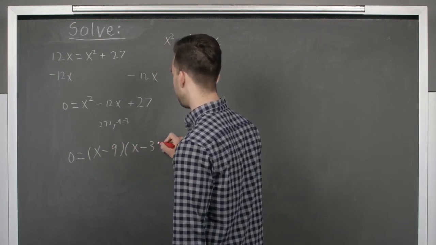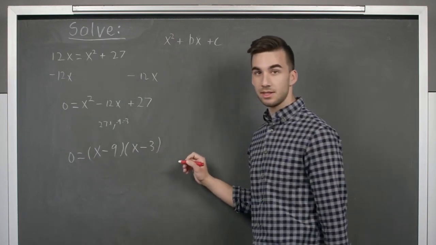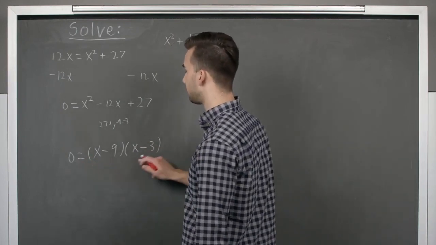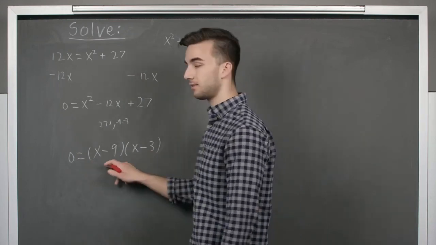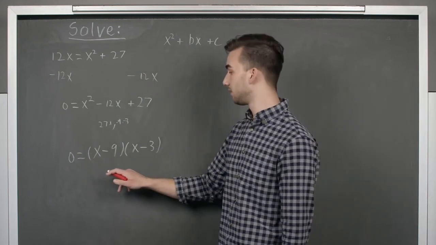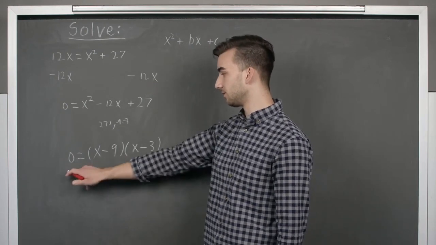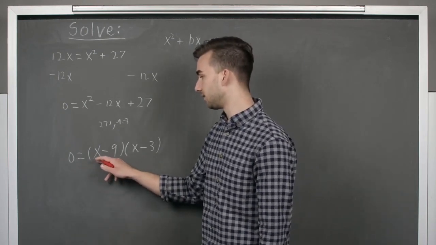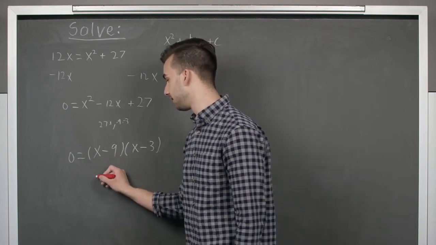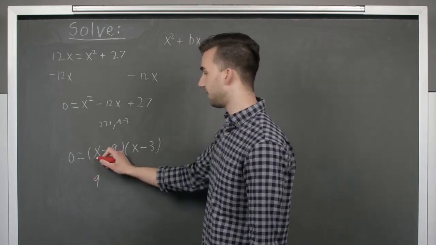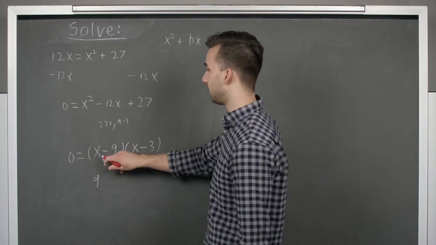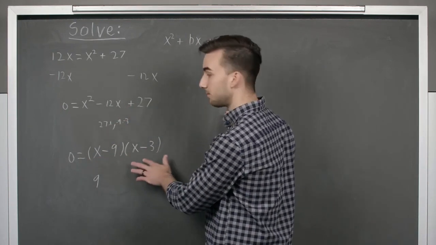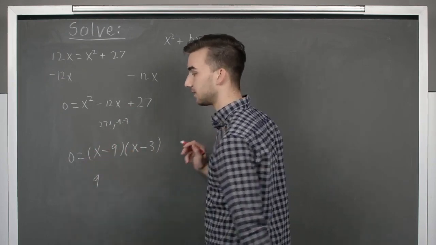So your solutions for this are whatever value of x will make this side equal 0. So what would make it 0 is 9, right? Because if x was equal to 9, then this would be 0, and it doesn't matter what this is, because 0 times anything is equal to 0.